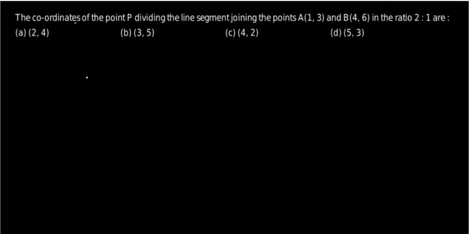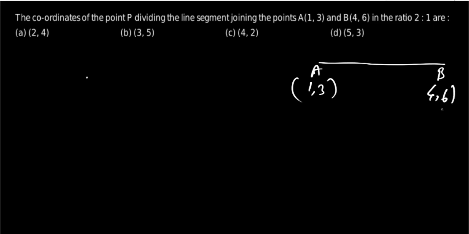Next question. The coordinates of the point P dividing the line segment joining the points A (1, 3) and B (4, 6) in the ratio is to be found. So this is the line segment AB, where point A is (1, 3) and point B is (4, 6).